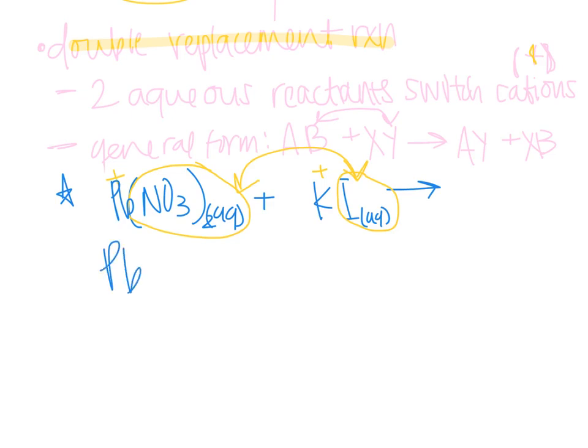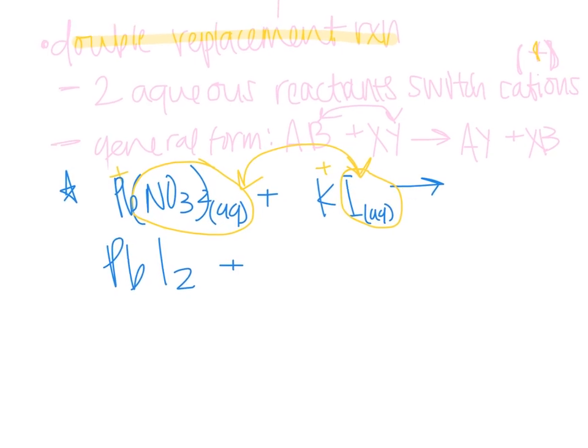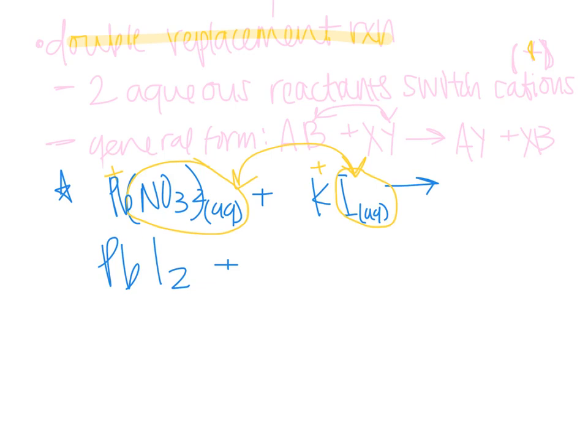So that we get PbI2 plus KNO3. And you might be wondering how we knew this was I2.